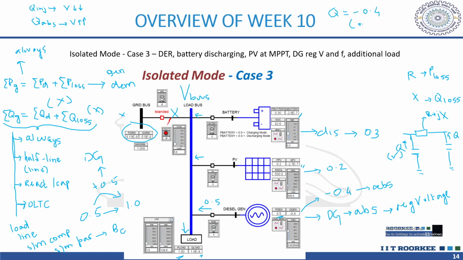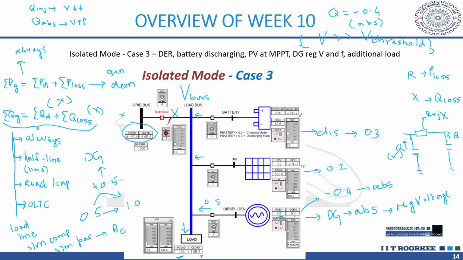So we may comment that if the diesel generator had not absorbed this much amount of Q, the voltage in the system would have been greater than the threshold that is allowed. Or for this MPPT operation, for the voltage we require, maybe we also need to absorb 0.4 amount.